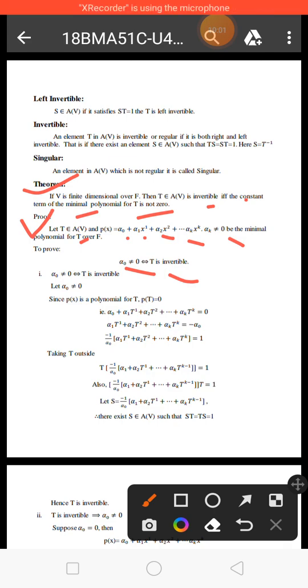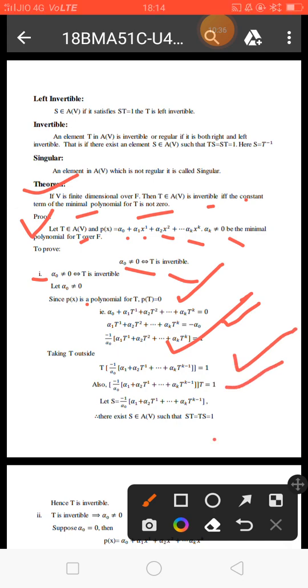Let us first suppose that alpha_0 not equal to 0. Since p(x) is the minimal polynomial for T, p(T) equals 0, that is alpha_0 plus alpha_1 T plus alpha_2 T squared plus up to alpha_k T^k equals 0. These imply alpha_1 T plus alpha_2 T squared plus up to alpha_k T^k equals minus alpha_0. If we divide both sides by minus alpha_0 and take T outside, then TS equals ST equals 1.